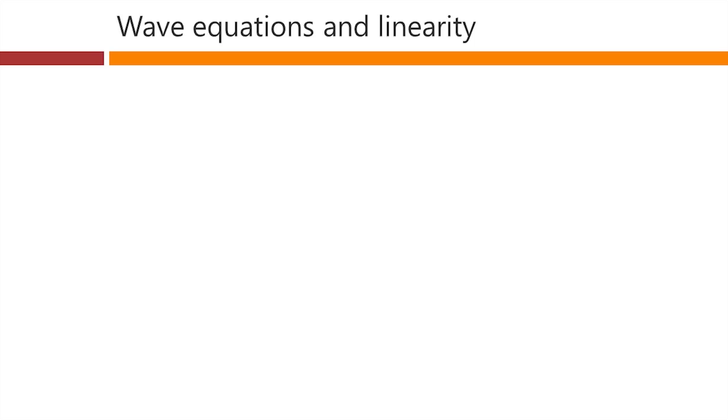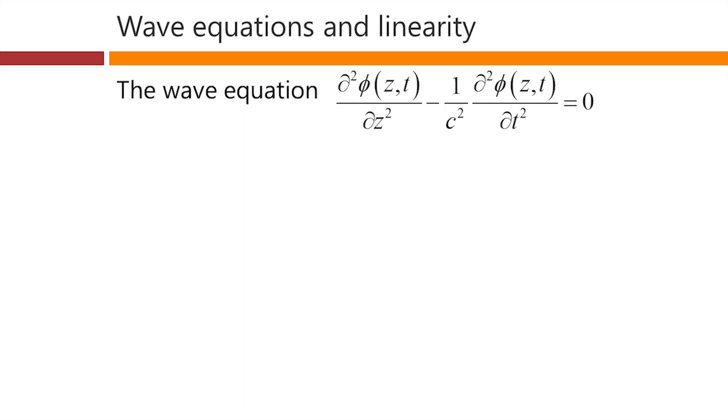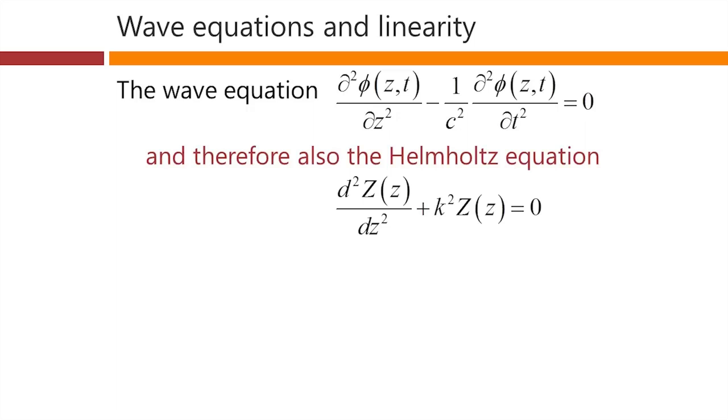Now, a very important point about wave equations is that the ones that we're interested in, at least, are linear. That is, for this wave equation here, and therefore also the Helmholtz equation, because it's just a special case of this one, they are both linear equations.